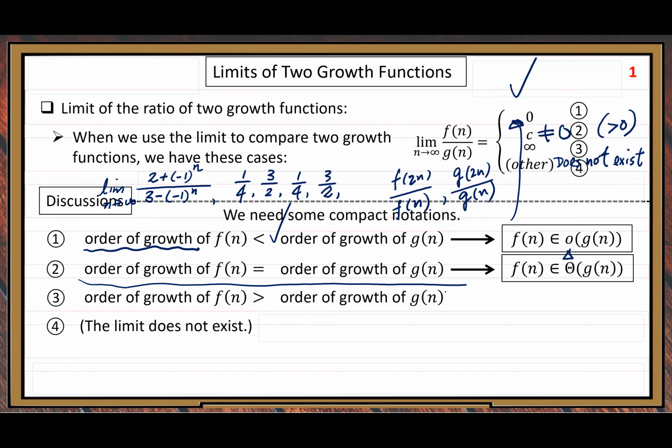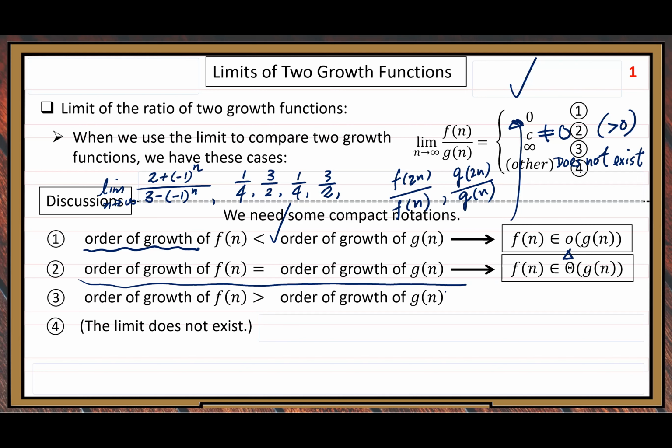But for the limit, if the limit equals constant c, sometimes it equals constant c, sometimes not. Sometimes yes, sometimes no. Why is that?